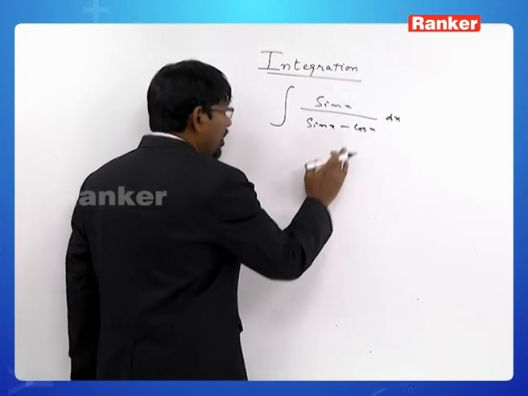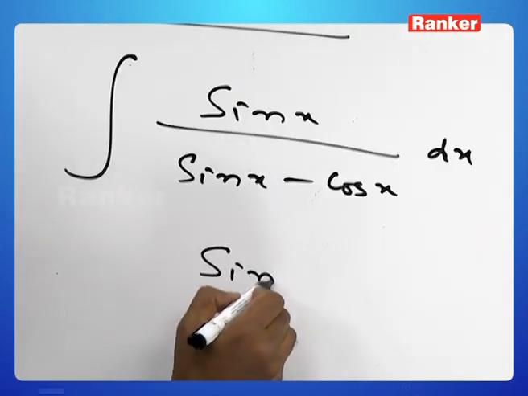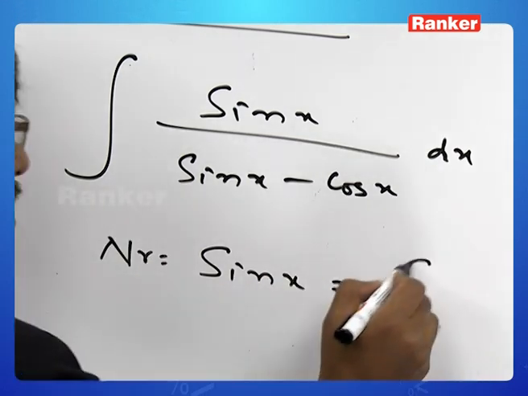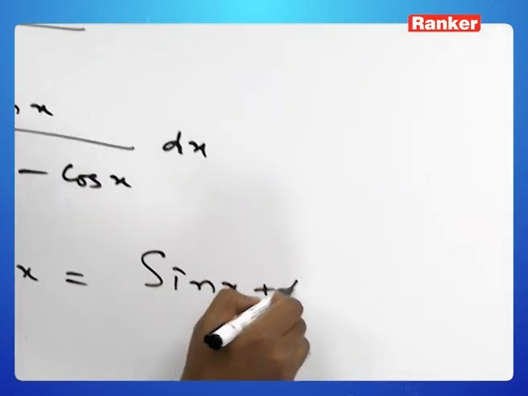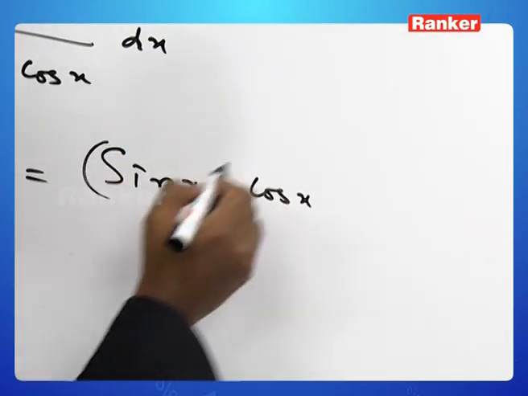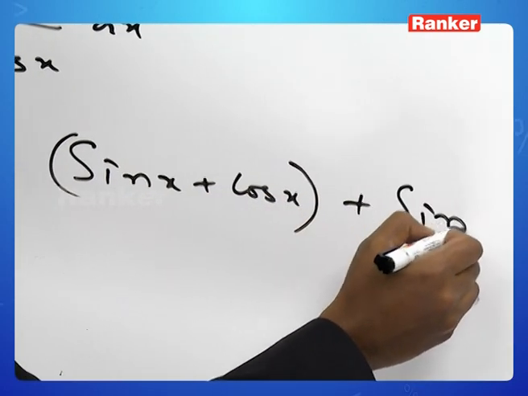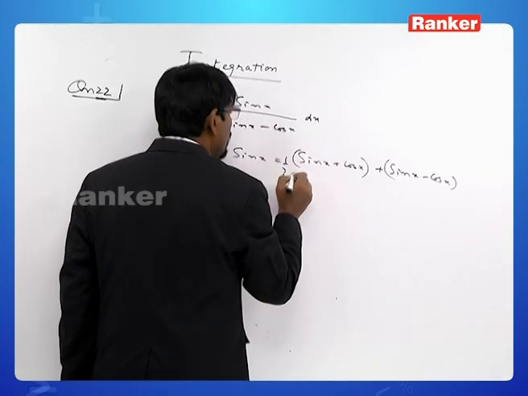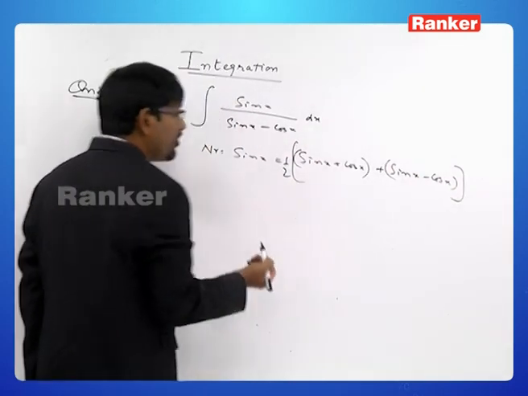So, what I do is this sin x which we have in the numerator, we will write this as sin x plus cos x plus sin x minus cos x by 2, whole thing divided by 2. We will write like this.